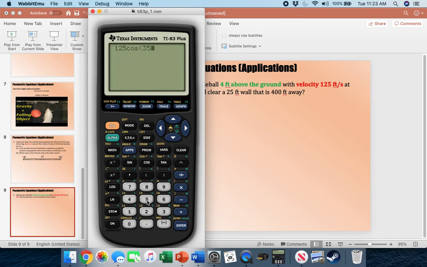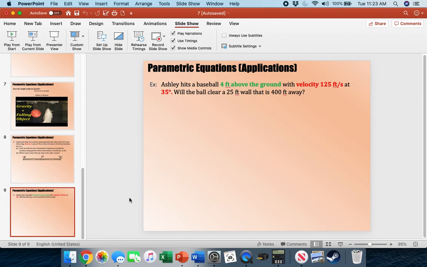Cosine 35. And 125 times sine 35. So those are your two, about 102.4 and 71.6.